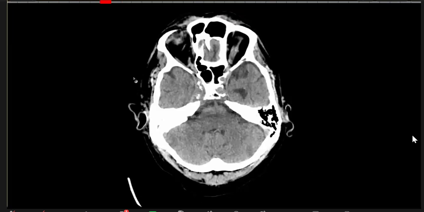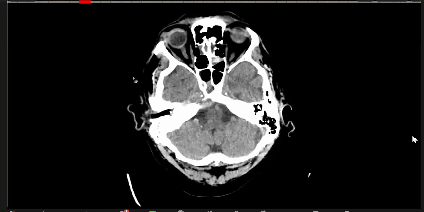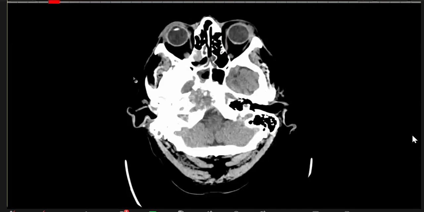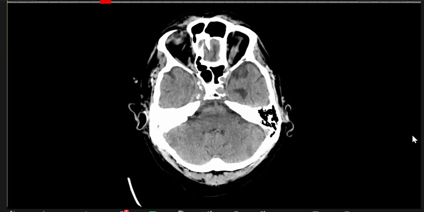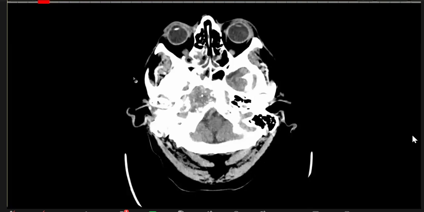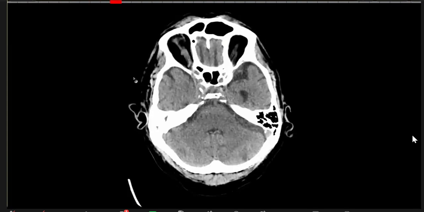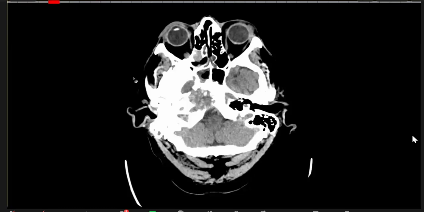It's extending up to posterior to the sphenoid sinus. Okay, there is invasion of the clivus on the right side.